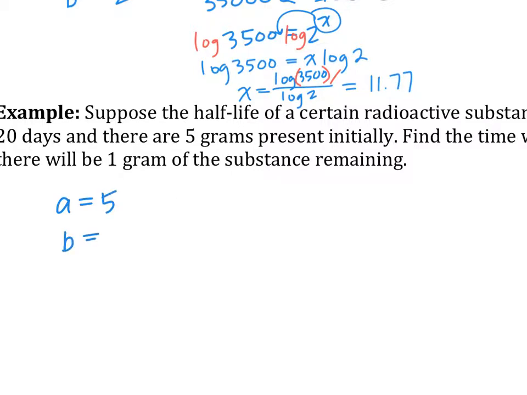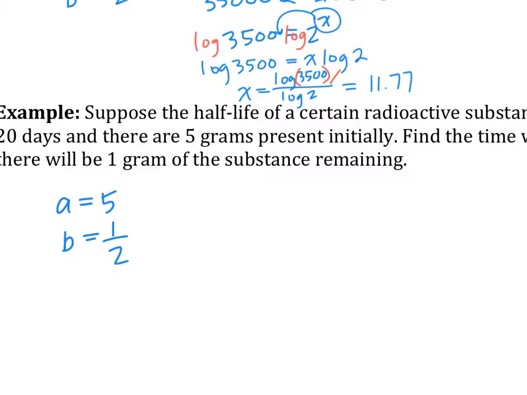B is 1/2, because it's a half-life. If you start with 8, then every 20 days, after 20 days it will be 4, then 2, and then 1, and then 1/2, and then 1/4.